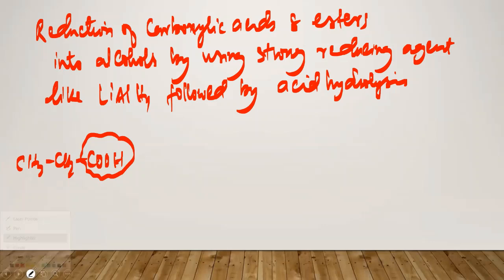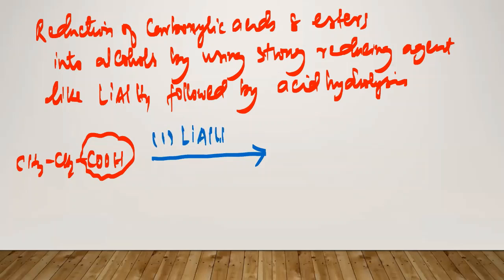It has to be reduced to alcohol. And for its reduction, I will be using a strong reducing agent in first step, that is lithium aluminium hydride. And in second step, I will be doing the acid hydrolysis. So I will use H3O plus, or you can use H2O/H plus. So these are the two steps.